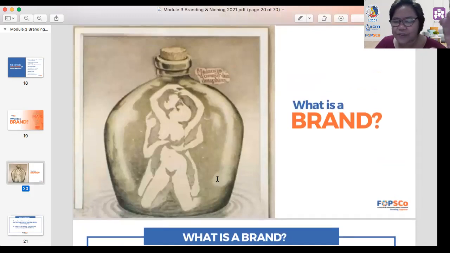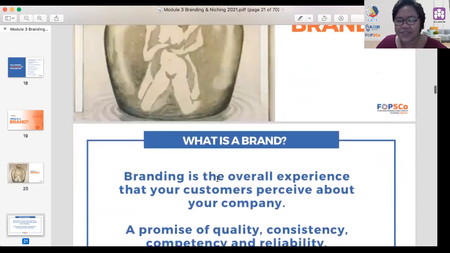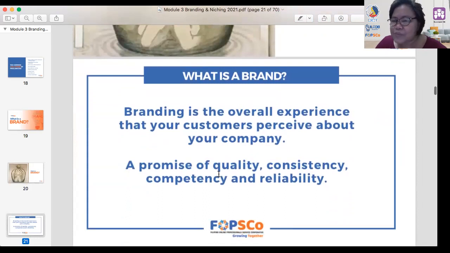Of course, they're swimming, they're dolphins, but with that there are different scenarios, right? So in branding, there shouldn't be like that. There shouldn't be a dilemma or a misconception on who you are, because there should be some kind of quality and consistency on how you project your brand, your product, or your service.